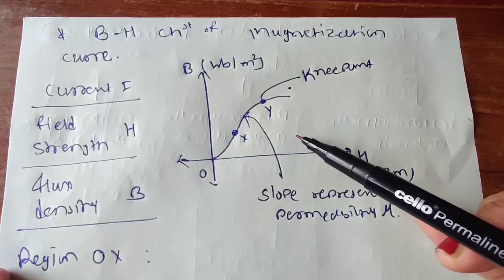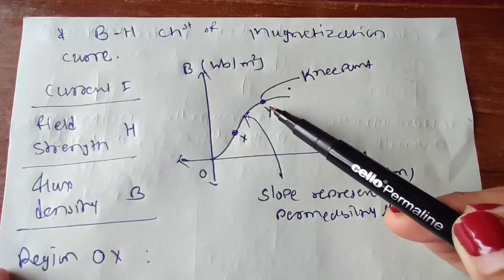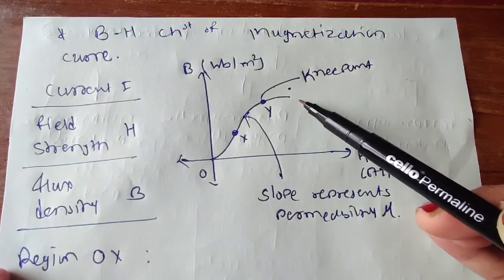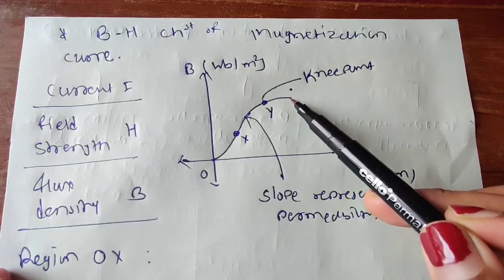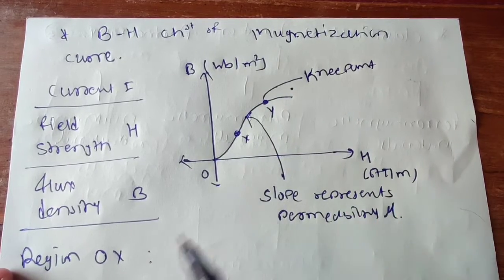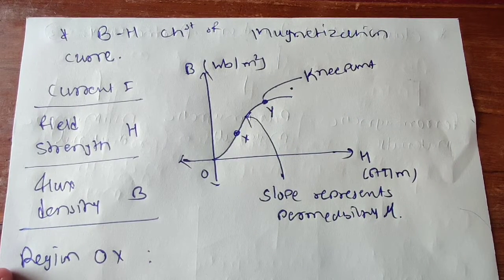This linearity comes to an end at point Y, and the BH curve starts bending. Point Y is also known as the knee point. Now the region beyond Y is your saturation region.